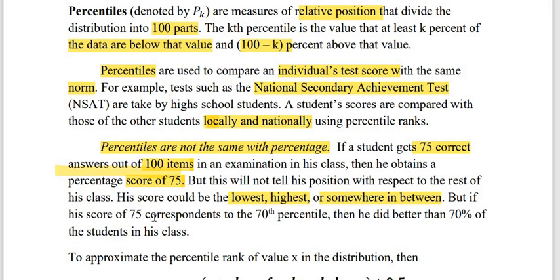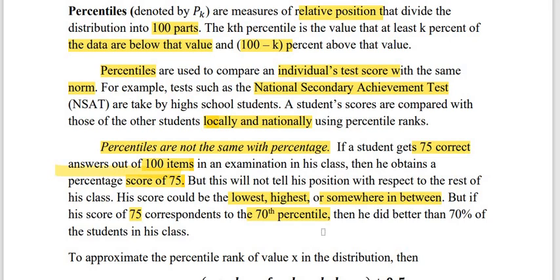Diba? But if his score of 75 corresponds to the 70th percentile, so, for example, kinompute natin yung percentile niya, and ang nakuha natin is 70. So, 70th percentile yun, or 70%.